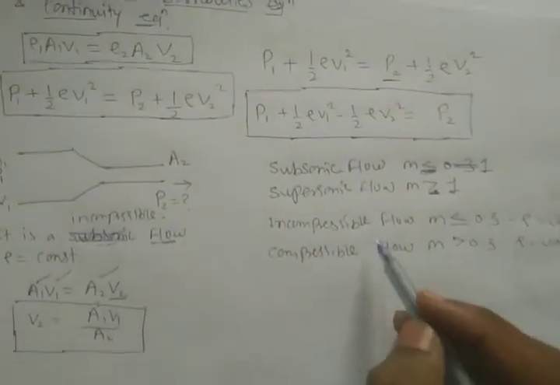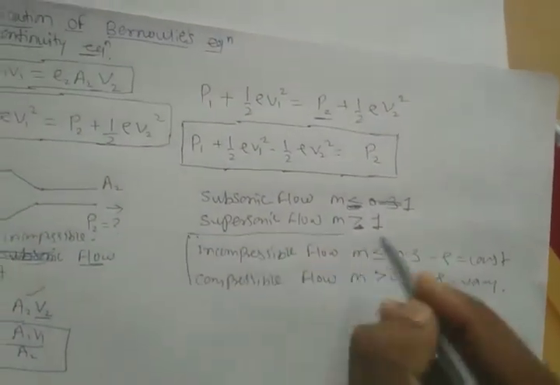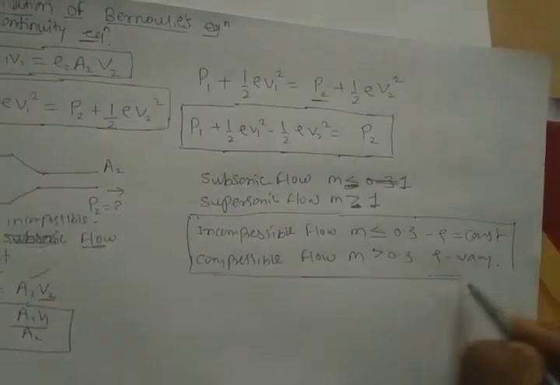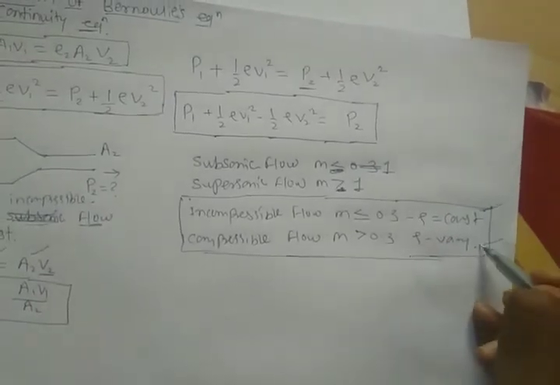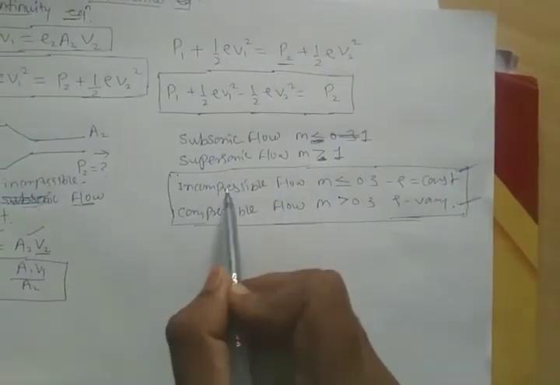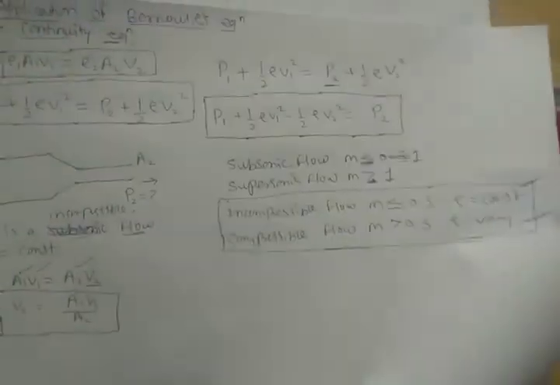If the fluid is water, these conditions are for gases, or say air. For air, if the Mach number is less than or equal to 0.3, we can say flow is incompressible flow. Now let's see the hydrostatic pressure equation.